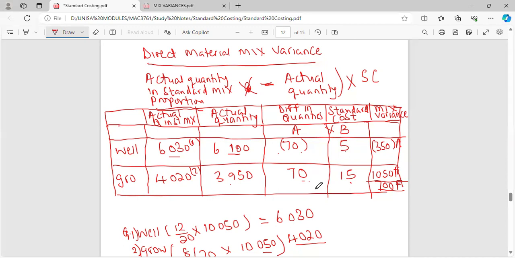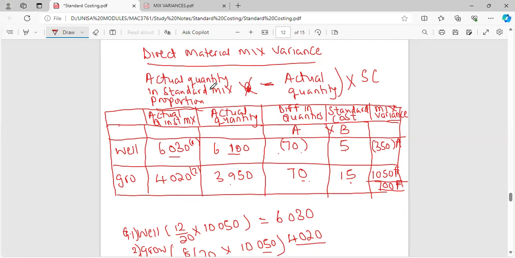That's how we do our mix variances. It's still going back to what we were doing. If you check what we're doing here, when we say actual quantity in standard mix proportion, if you guys can still remember what we were doing when we were calculating the cost variances, we were using the actual quantity with the standard price.